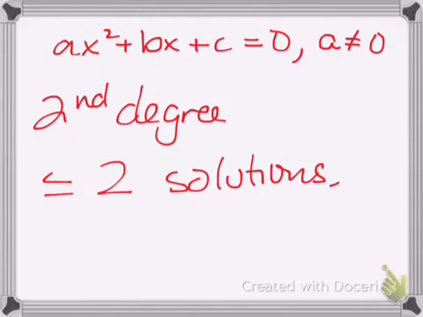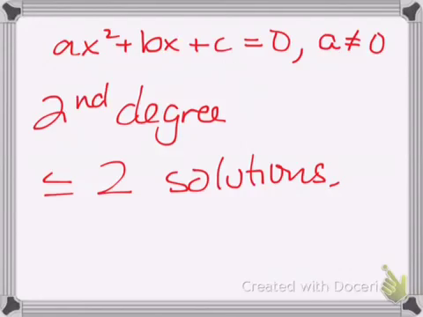Because it's a 2nd power. If this was x cubed, then we'd be looking for 3 solutions. And when you get to Algebra 2, you'll be solving 3rd and 4th and higher degree equations. But all the foundational techniques come from solving the quadratic. So this is a very important skill we're looking at here.